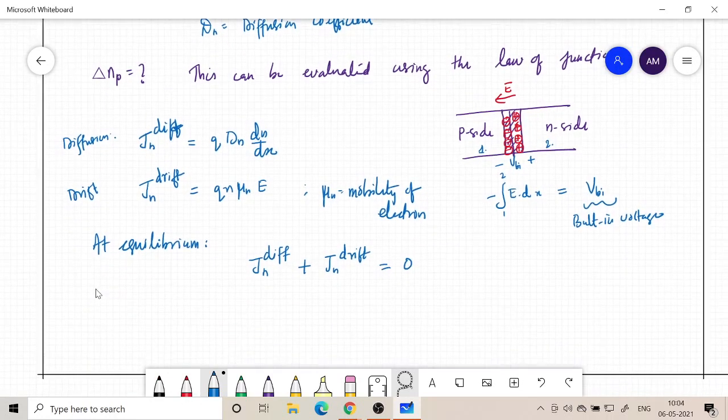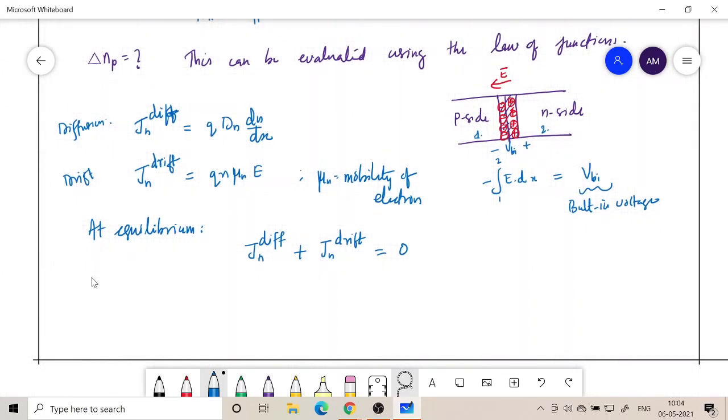Because of the concentration gradient, diffusion current flows. If you take the motion of electrons, that is from right to the left, because the N side has plenty of electrons and the P side has a scarcity of electrons, so from higher concentration to lower concentration electrons will flow, and that is the diffusion current. That is one part. The other current is going to be the drift current.